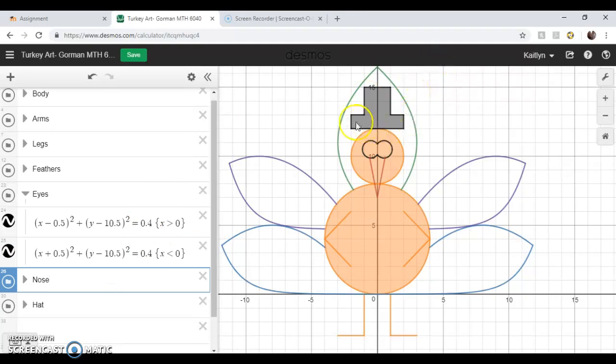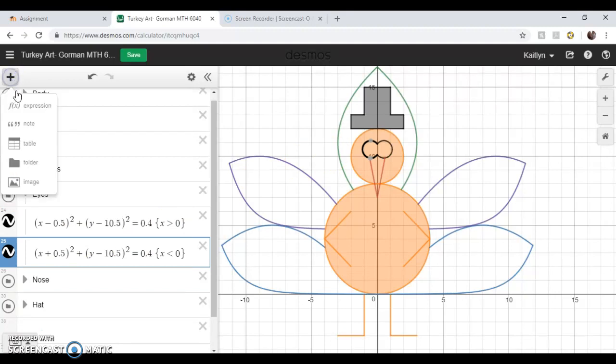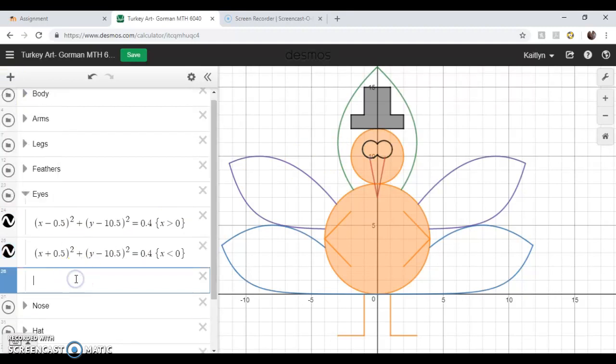Okay, so that's the outline, and I'm going to add the pupils, and I'm going to make the pupils with a slider so that they can get enlarged. So I'm going to add an expression, and for the pupils, I still want the same center as I had before, so I'm going to use the same center.